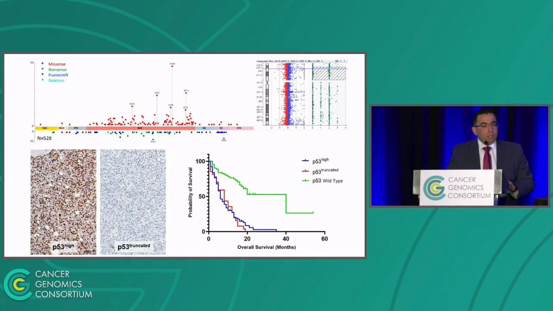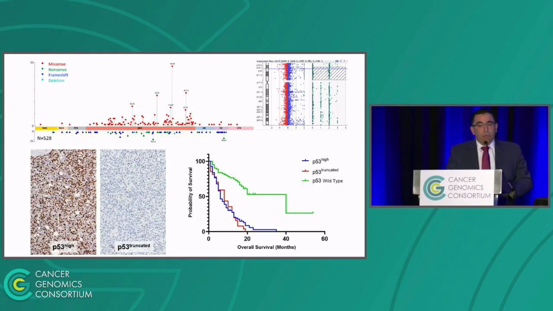In this study, we demonstrated that P53 mutations in AML actually span multiple domains of the gene. They are concentrated in the DNA binding domain, which is highlighted in orange in the upper left portion of this diagram.